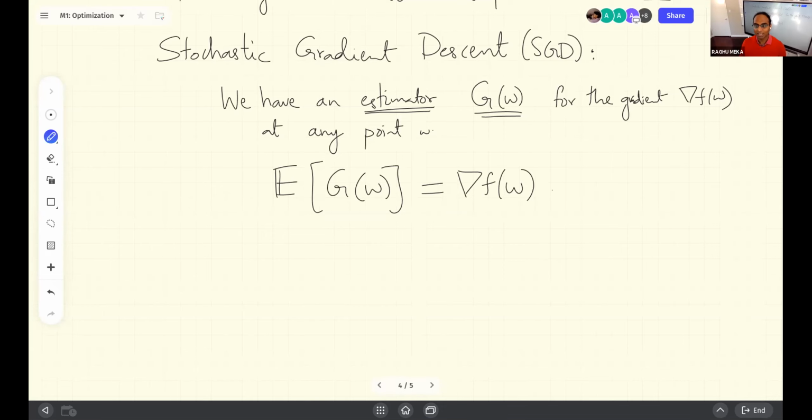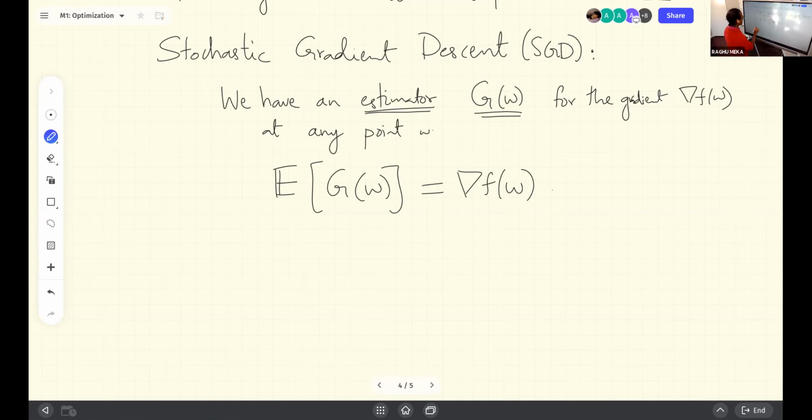So instead of getting input from every one of you, what's a quick way of getting an estimate for the gradient? Just sample, maybe. Just sample, right? I'm going to pick one of you at random and ask you, okay, what's the gradient? That's my estimate for the gradient, and that's what I'm going to use in my algorithm.